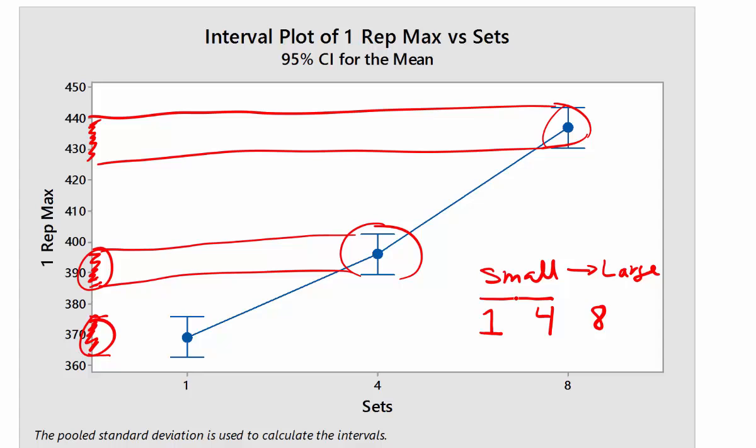That would be incorrect to put that bar because they are significantly different, right? There's gaps between these two intervals, right? And there's gaps between this interval, and there's gaps between the interval for mean 4 and mean 1. So in other words, they're all separate and distinct, and the clear winner is mean 8, meaning that the strongest lifters at the end of the study were the lifters who did 8 sets of squats twice a week.